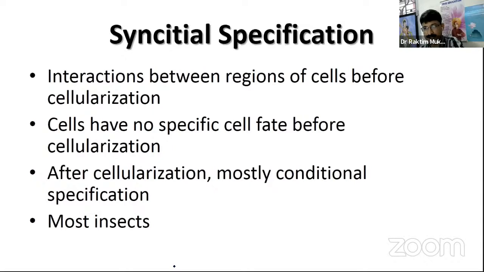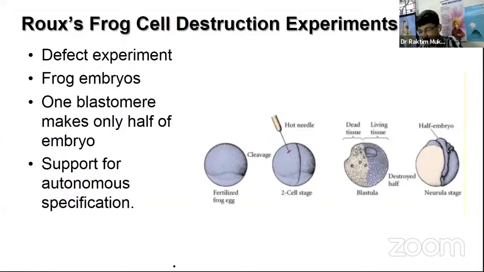Of course, students, let me tell you, this topic of specification itself can take 2 hours depending on the depth at which it is being taught. But right now I'm just giving an overview because we are in a crash course. Based on specification, we have one very famous experiment of Roux, the famous embryologist.